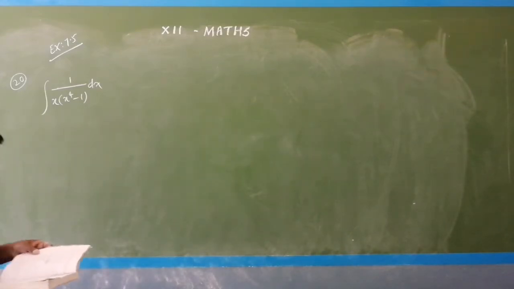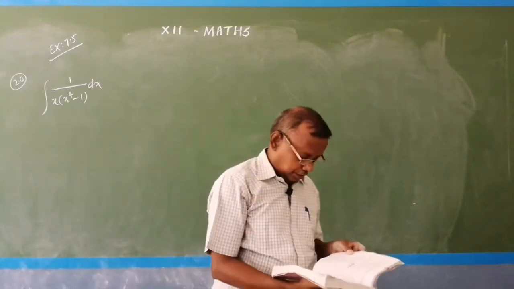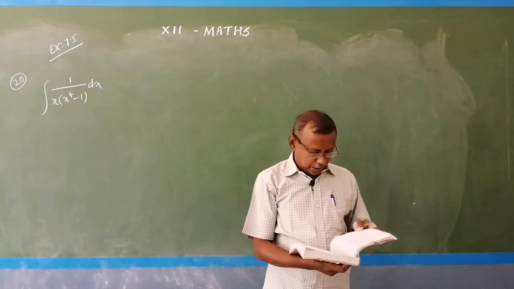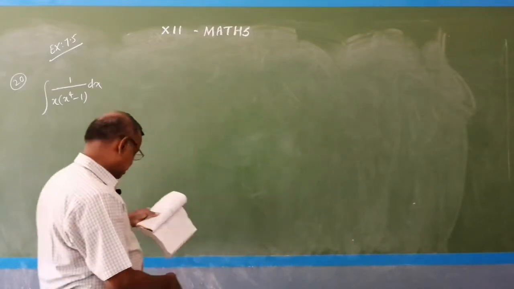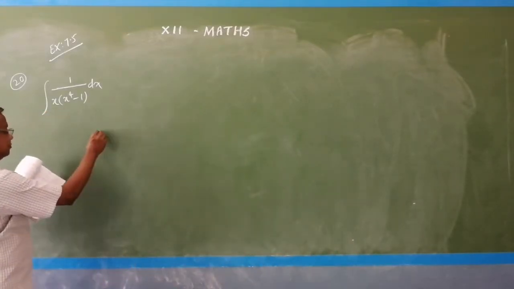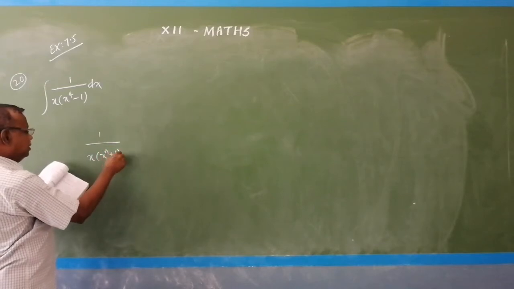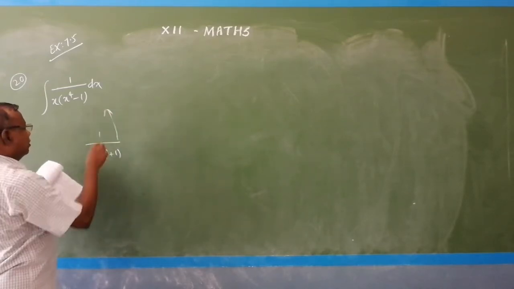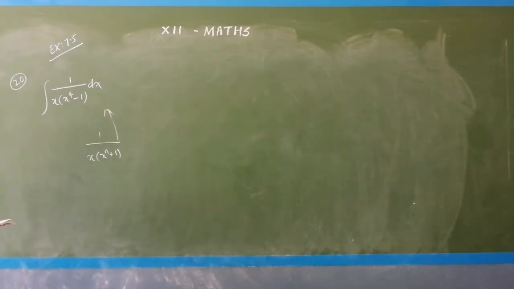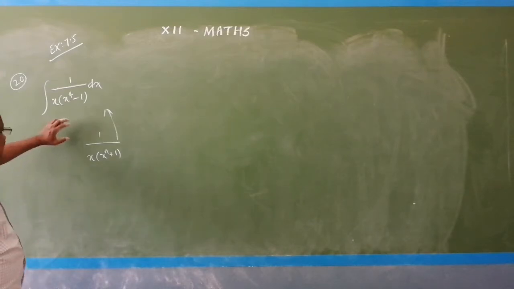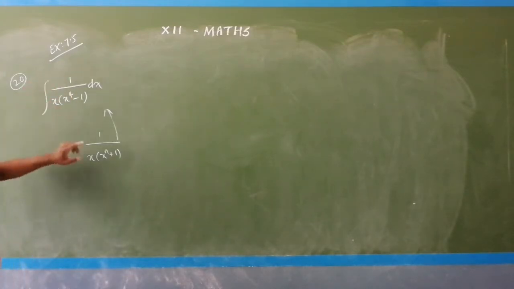Already we have done one problem, the 16th problem, which is 1 by x into (x power n plus 1). So this type of problem is also there. We are given a hint, that is multiply numerator and denominator by x power n minus 1. The same way we can multiply the numerator and denominator by x power n minus 1.